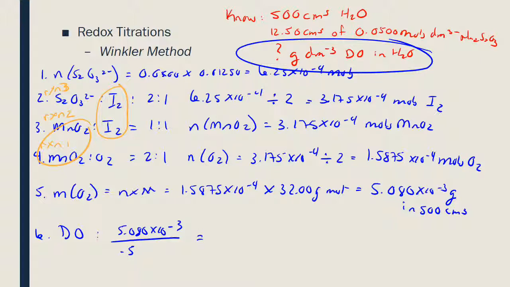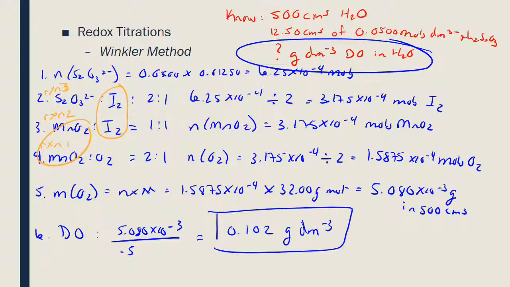And that gives us 0.102 grams per decimeter cubed. And so based off mass per volume or density, there's 0.0102 grams per decimeter cubed of dissolved oxygen.